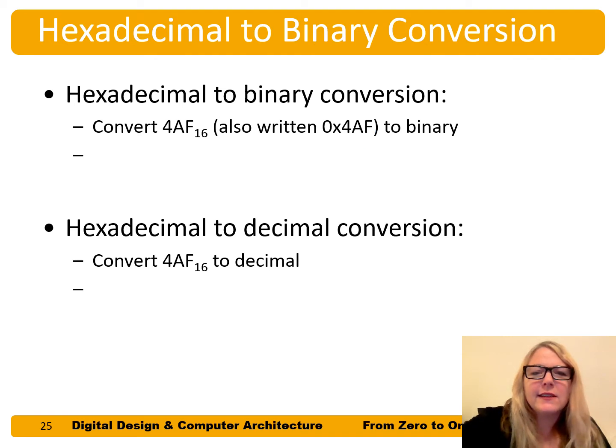We take each of the digits, so F, A, and 4, and write them in their binary equivalent. So 4 is, well, here's the binary equivalent of that.